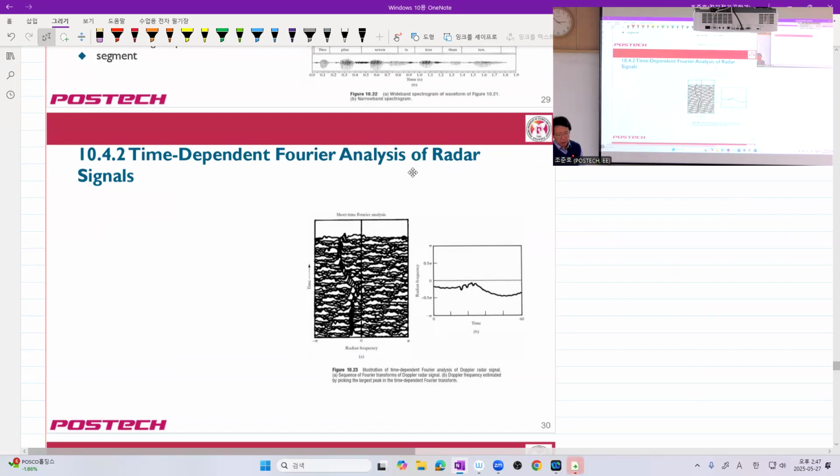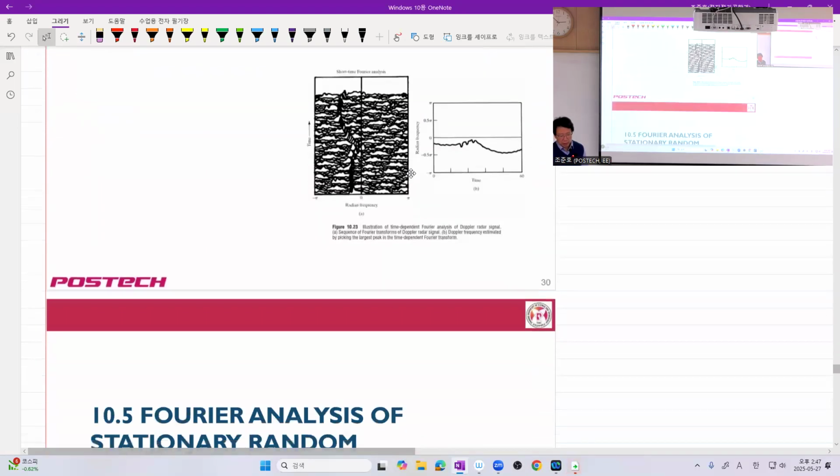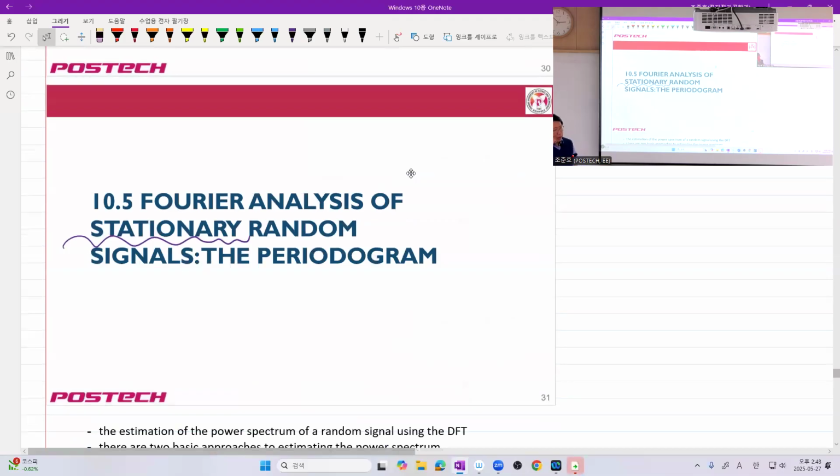So whenever you have some Doppler frequency shift estimation, go back to your DSP course and read the parts in the textbook. Now, anyway, this could be the last part of this class meeting.